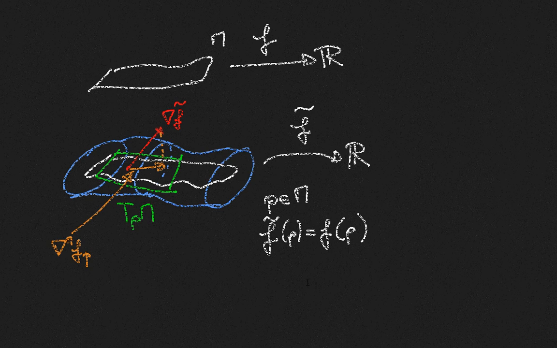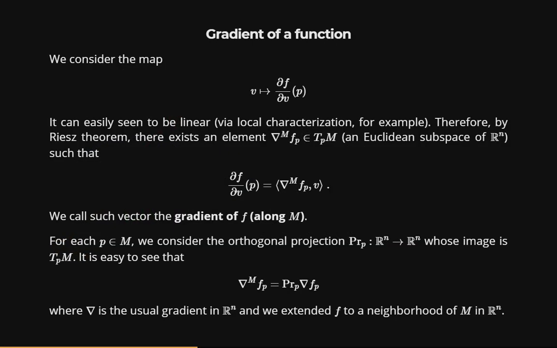So the red vector depends on the extension you take, and you can take the extension in many, many ways. The orange vector does not, as long as you take the orthogonal projection. You don't take any projection; it's the orthogonal projection on the tangent space. So we have this formula, which is very useful when you have to do actual computation on a machine with code. The gradient along M is the orthogonal projection on the tangent space of any smooth extension of f.